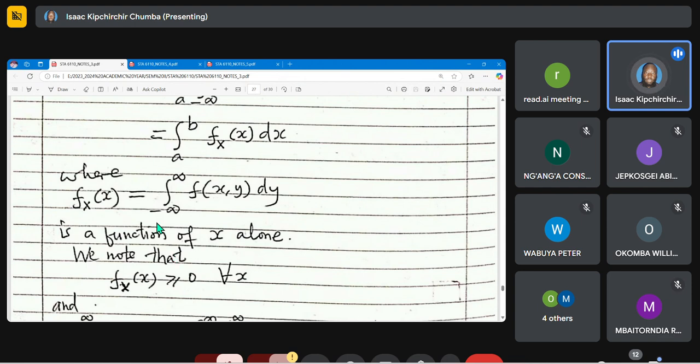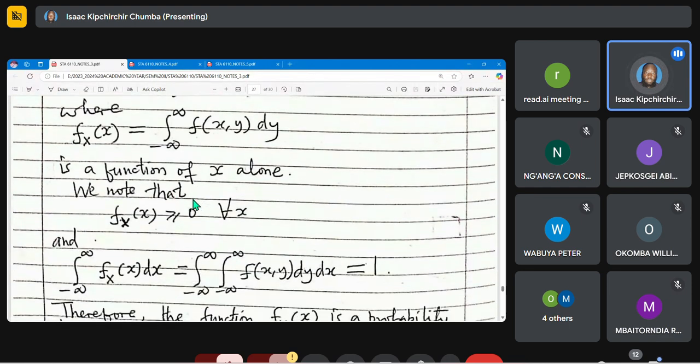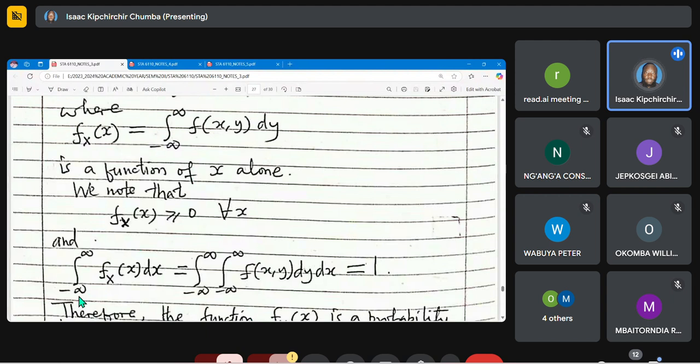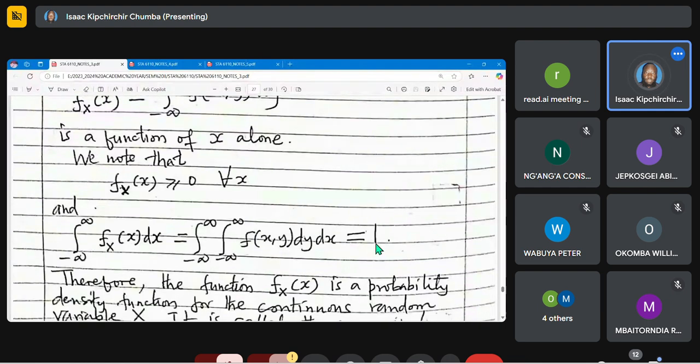And if you look at this function, it is non-negative. And if you integrate that function fX of x over R, you'll get the double integral of the joint over R2. That means x lies in R and y lies in R, so we are in R2. And because f of x, y is a PDF, this will integrate to 1.